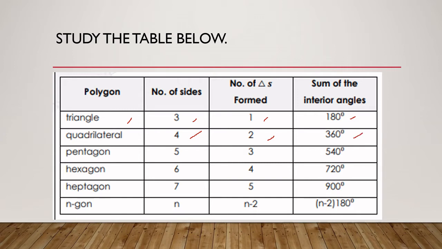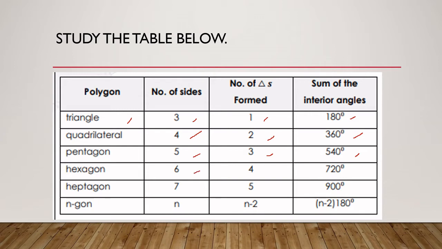For pentagon, we have 5 sides, and we can form 3 triangles. And the sum of the interior angles of a pentagon is 540. So that is 3 times 180 degrees. For hexagon, we have 6 sides.